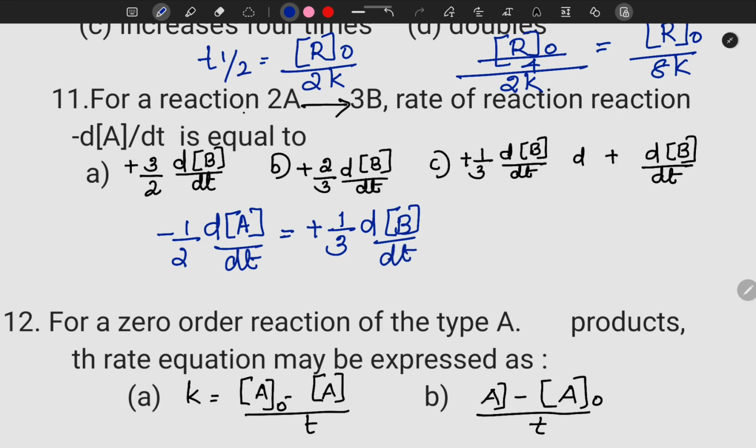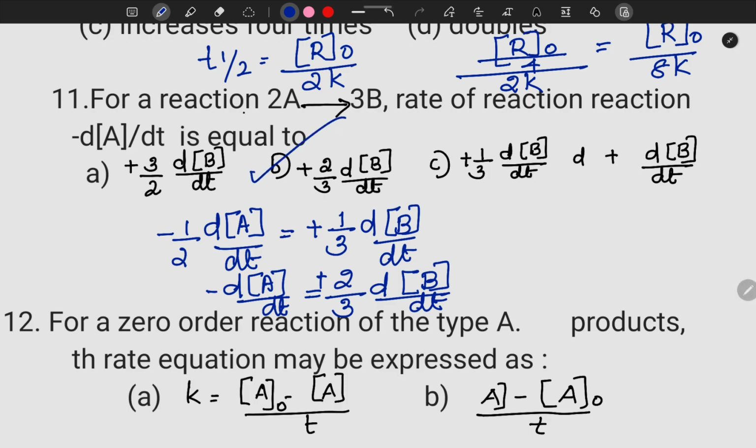That is, minus dA by dt is equal to 1 by 2 into, so we can multiply 1 by 3 into 2, cross multiply, 2 by 3. So plus 2 by 3 dB by dt. So minus dA by dt is equal to plus 2 by 3 dB by dt. So our option is B.